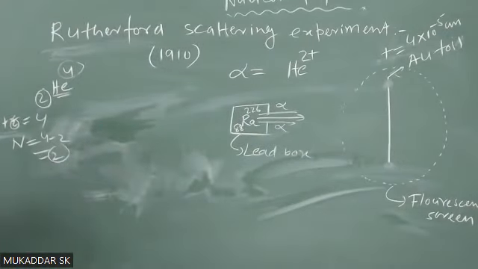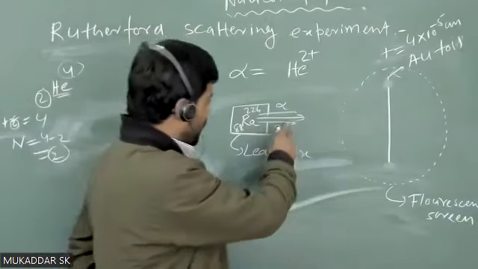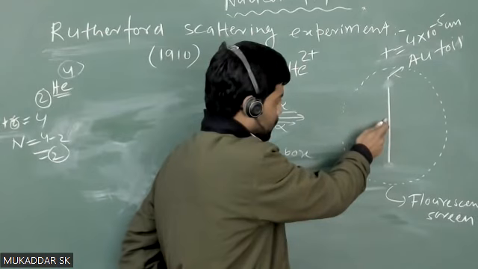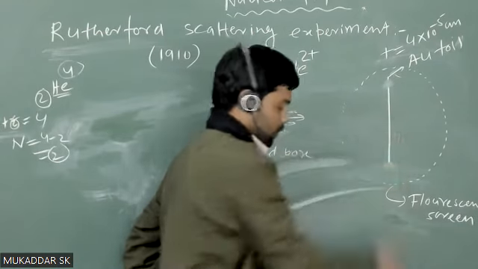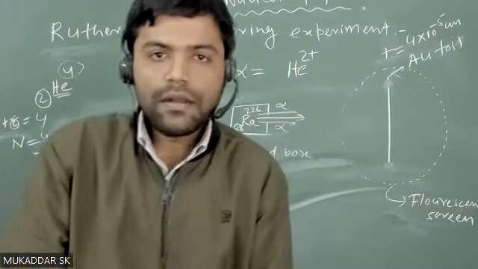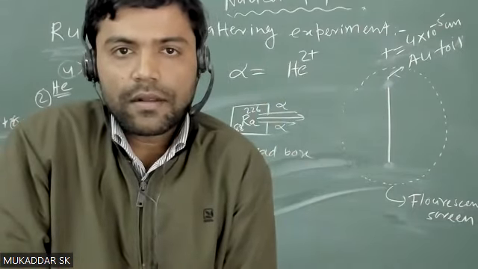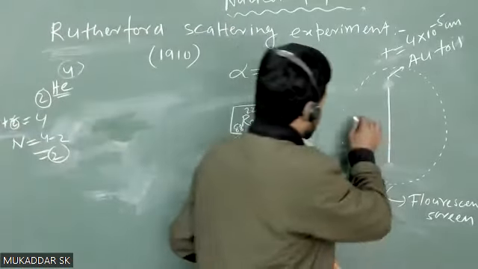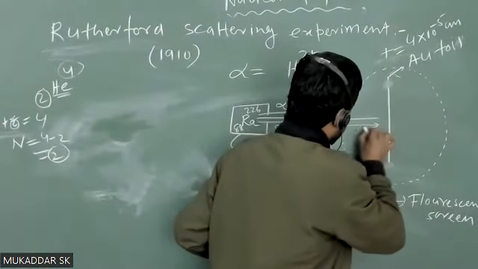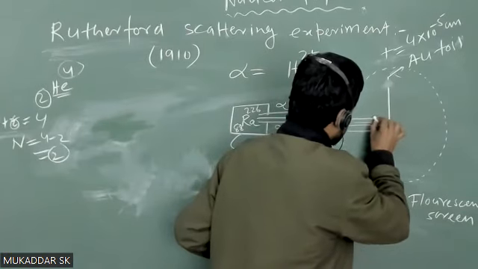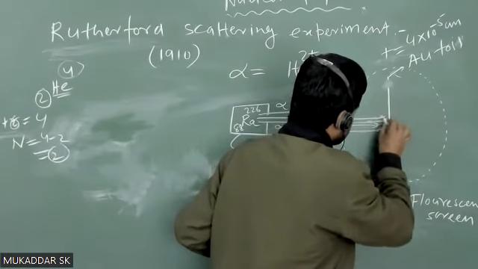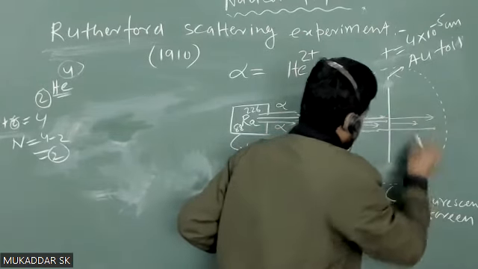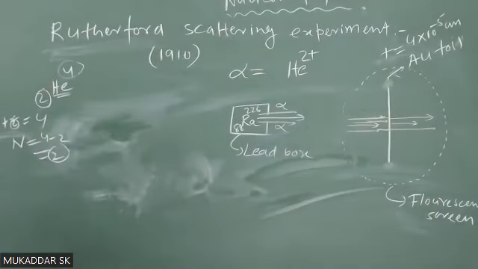And what he observed was that most of the alpha particles, after passing through this gold foil, their path is actually undeviated.